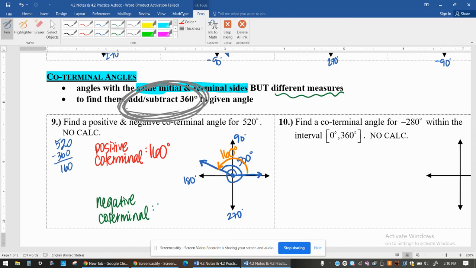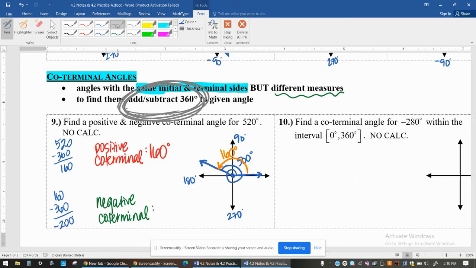Okay, now let's think coterminal, right? I started with 520, I subtracted 360, but I ended up with a positive. So I'm going to take that 160 and subtract 360 again. So I'm going to go a full circle less. And then finally that gives me a negative answer.